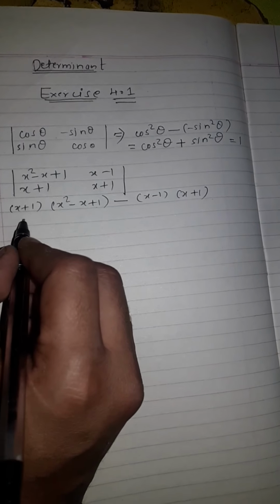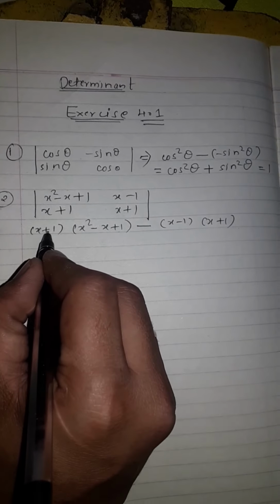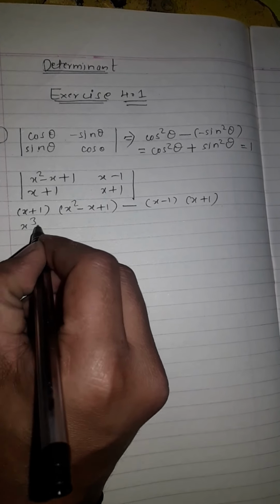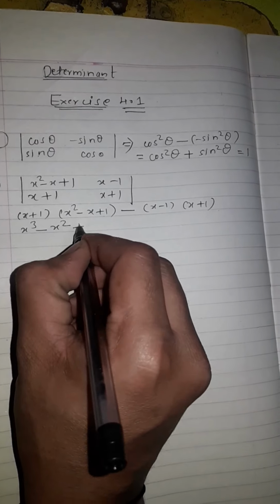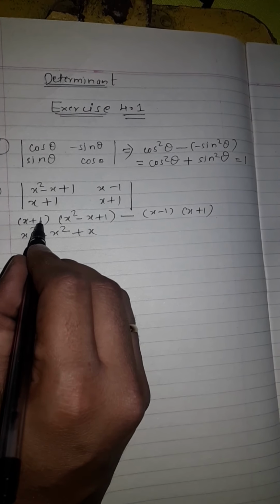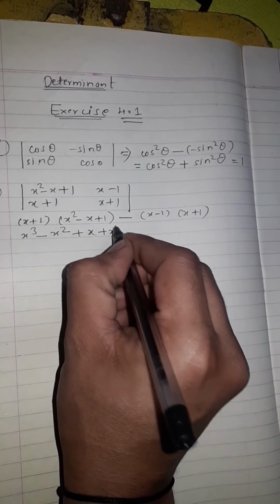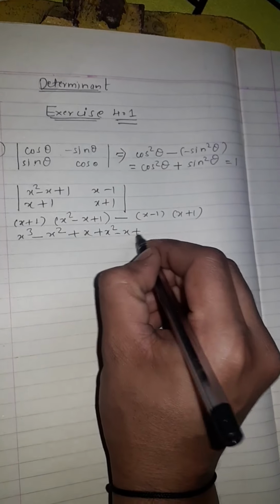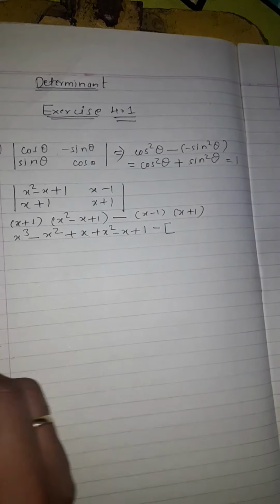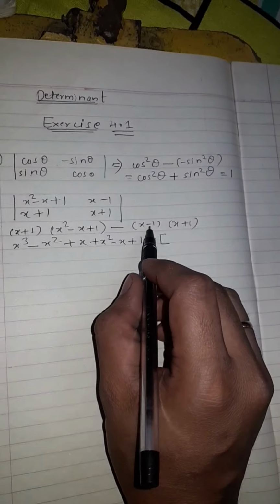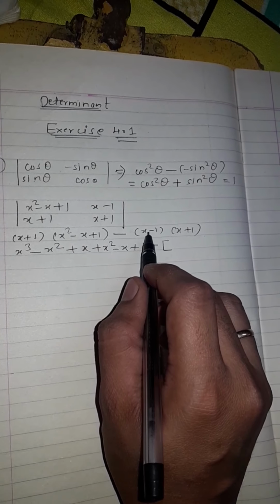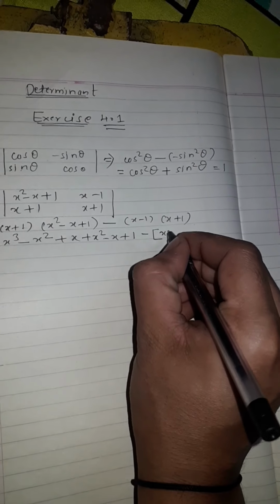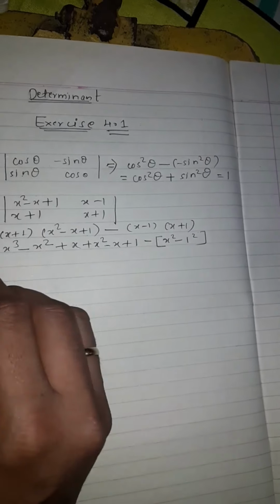Now, as you know the algebra, from this bracket take the first term and multiply inside the bracket: x into x square, x cube, minus x square plus x. Now take 1 again and multiply inside the bracket: 1 into x square, 1 into minus x, 1 into 1, 1. Minus n as it is. Now this is the algebraic identity, a minus b into a plus b is a square minus b square, so here it is x square minus 1 square.